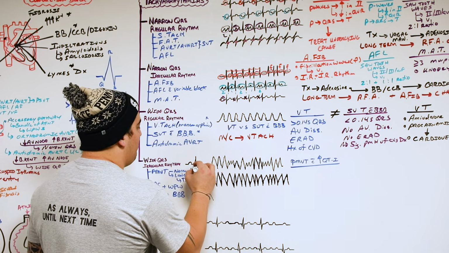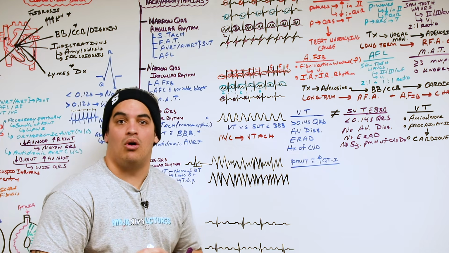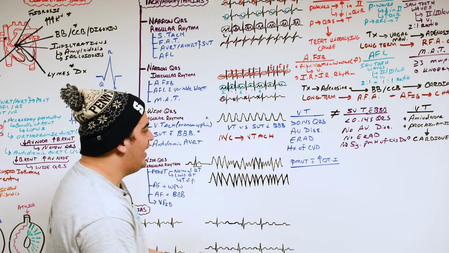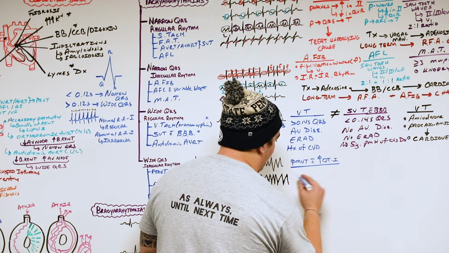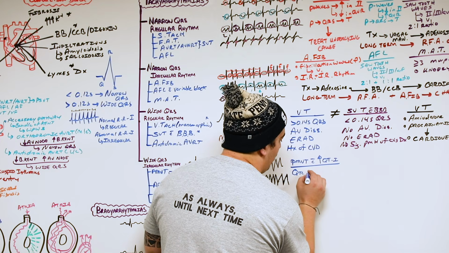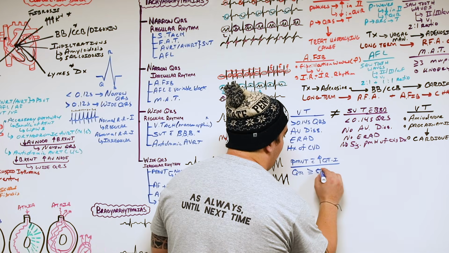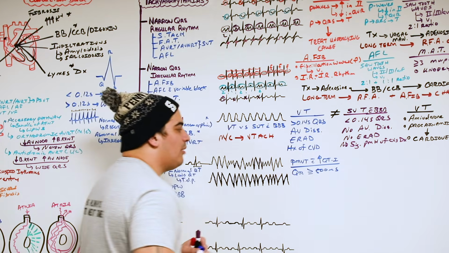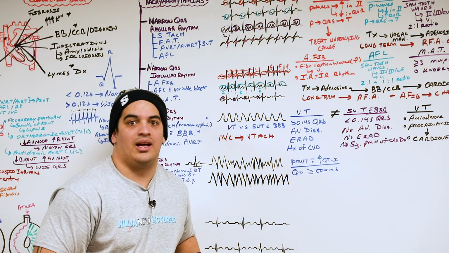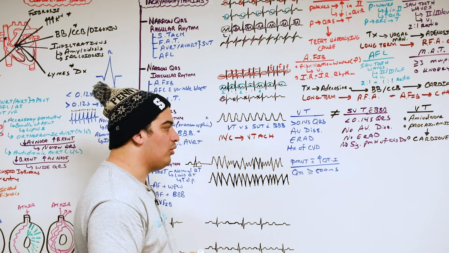And what you're looking at is you're measuring that QT interval and seeing if it was prolonged beforehand. What is considered to be a prolonged QT interval? There's a lot of different numbers. I like to just say if I see a QT interval that's greater than or equal to 500 milliseconds, I'm going to start pooping my pants a little bit because this is most likely torsades de pointes, okay? Polymorphic VTach with a prolonged QT interval.